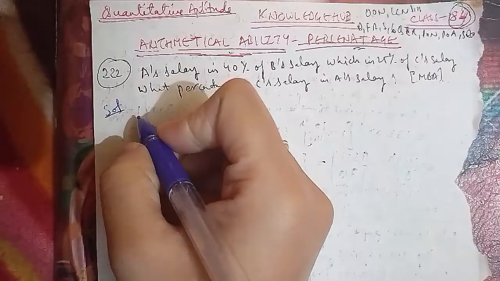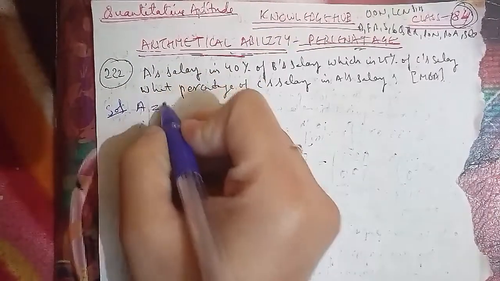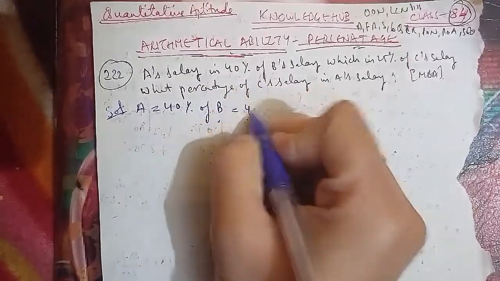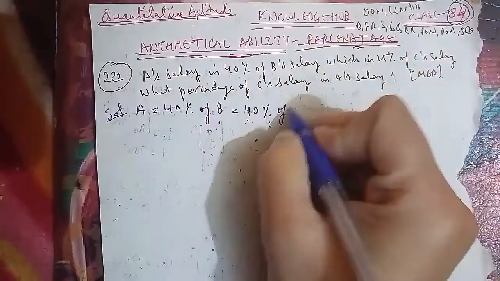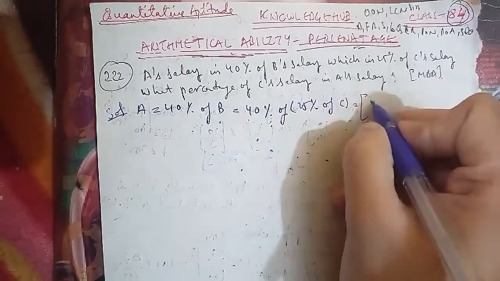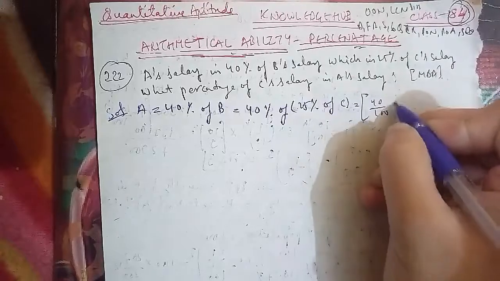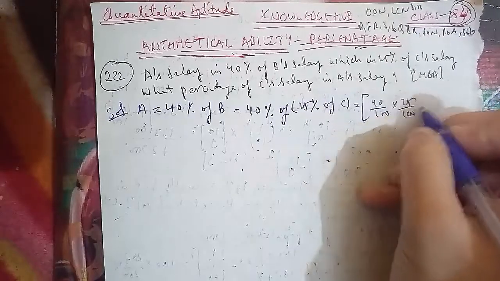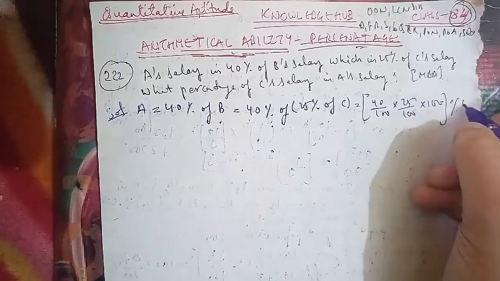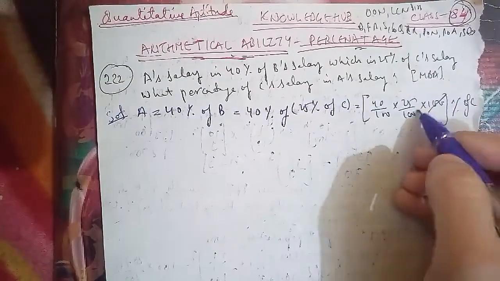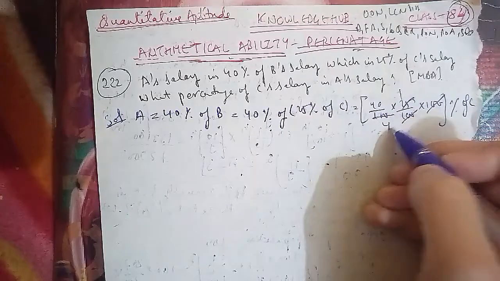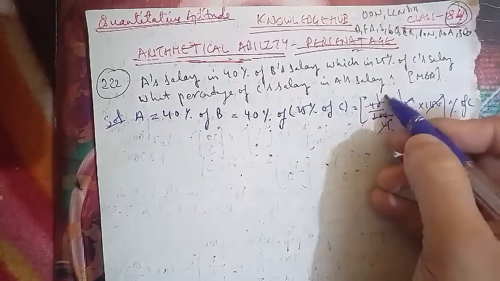A equals 40% of B, which equals 40% of 25% of C, equals 40 upon 100 into 25 upon 100 into 100% of C. 100 being cancelled by 100, 25 ones are 25, 25 fours are 100, 4 ones are 4, 4 tens are 40.